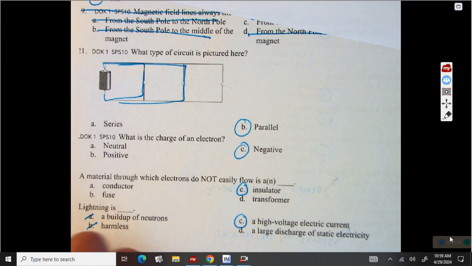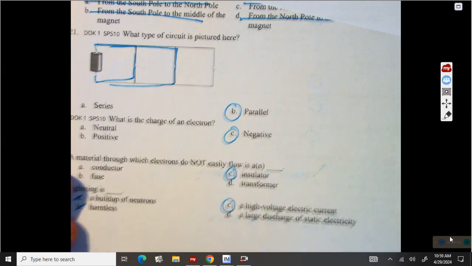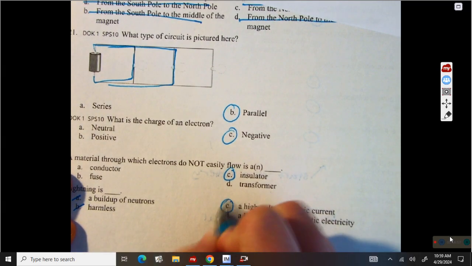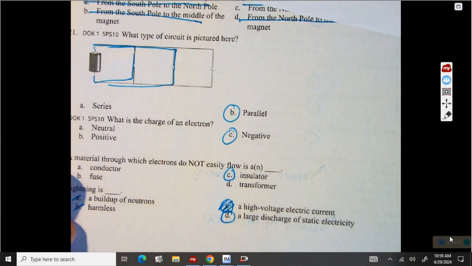Okay, I went back and looked, and I actually want to change this answer right here. So lightning is a strong bolt of electricity, but it's a result of a large discharge of static electricity. During a storm, we have a large buildup of negative electrons, and then at one point, it will come down to Earth and discharge and ground itself. Okay, so let's change that to letter D.